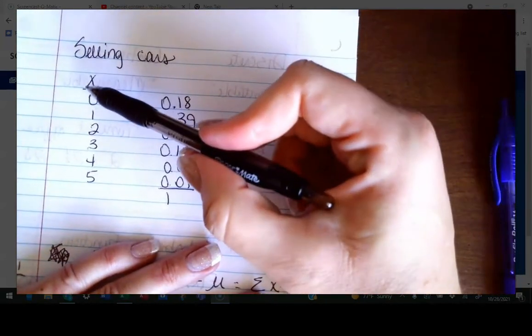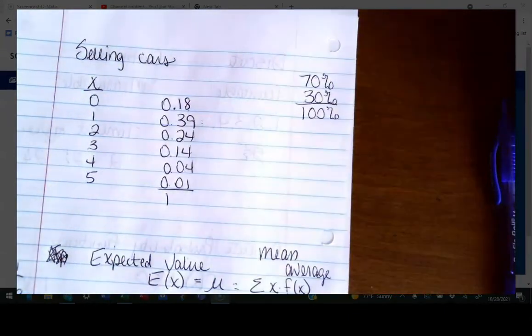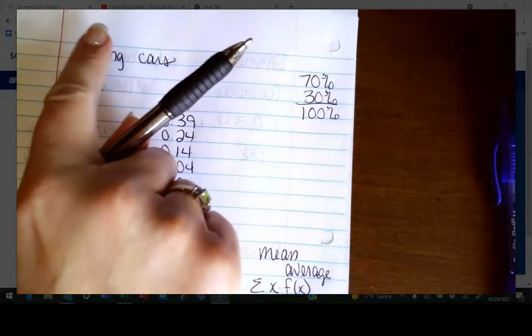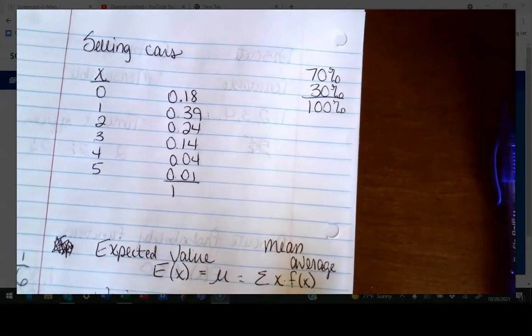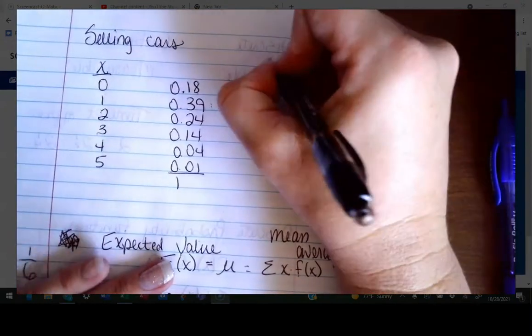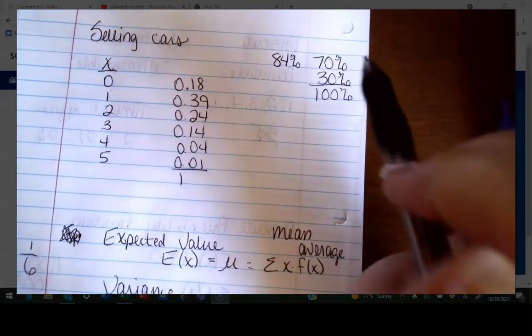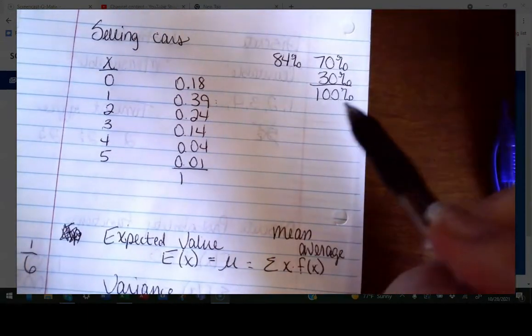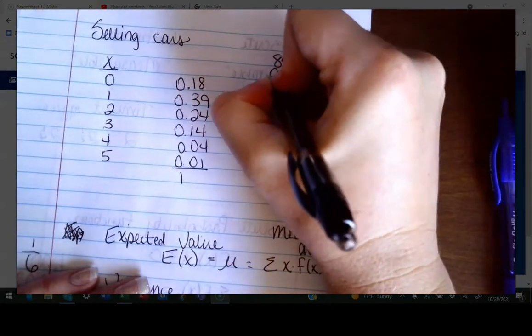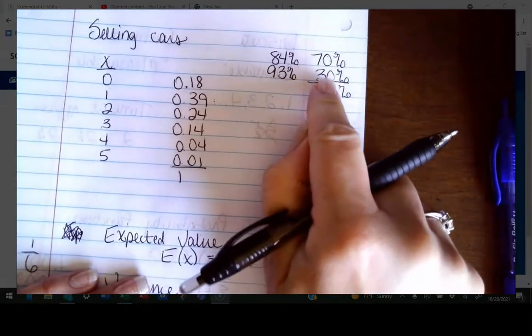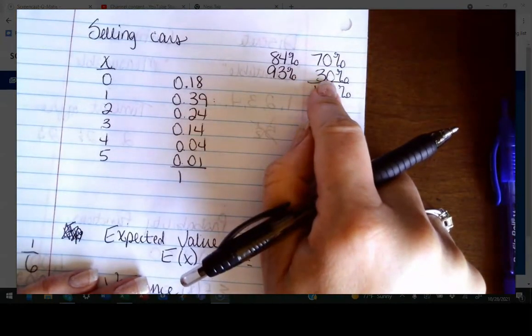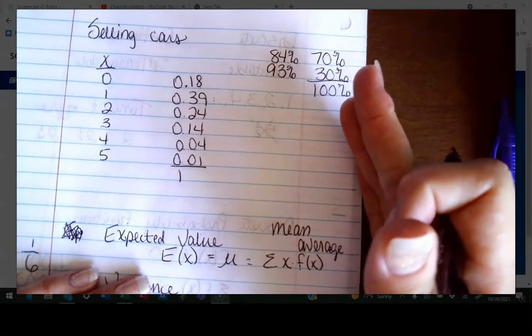In this case, our value isn't going to be discrete. I just want to show you a different application of this same thing. Let's say that you get an 84% for your exam average, and a 93% for your homework average. How do I figure out what your grade is?